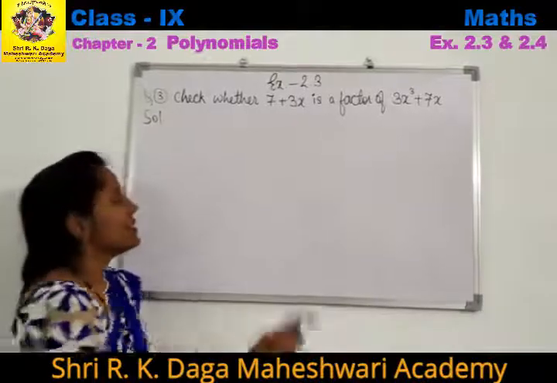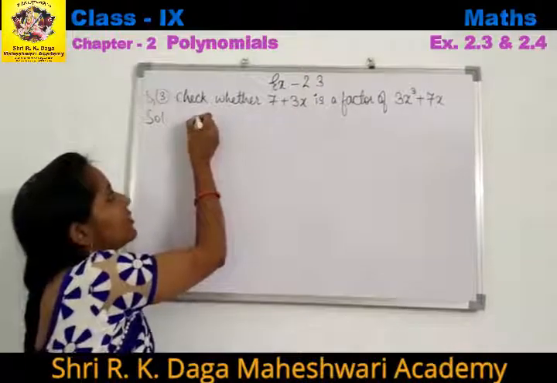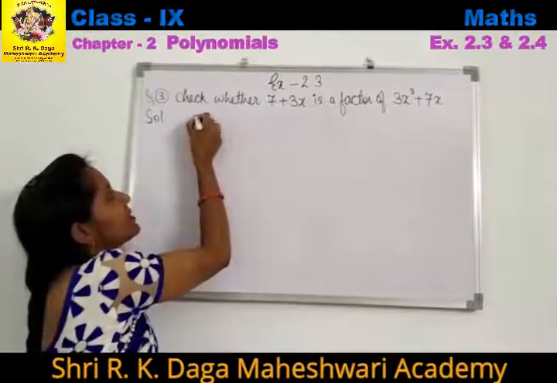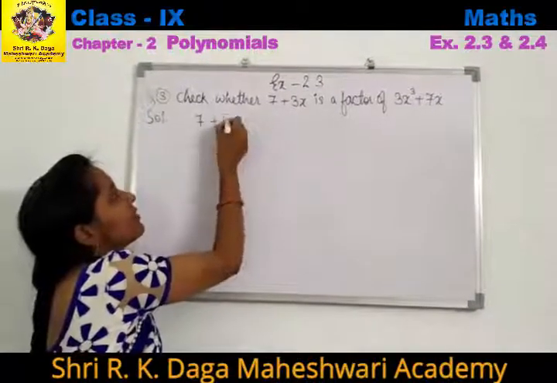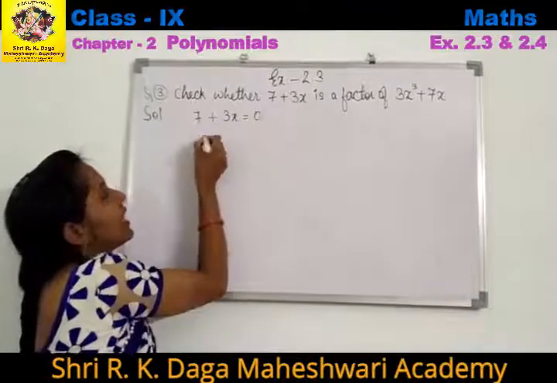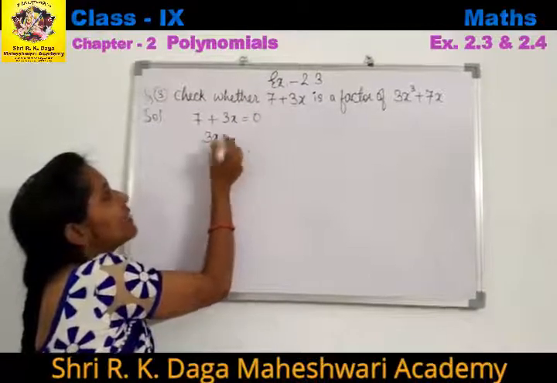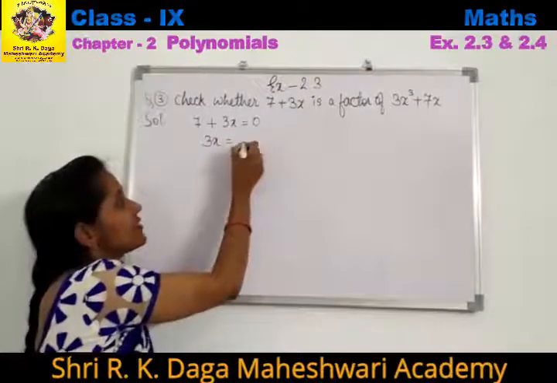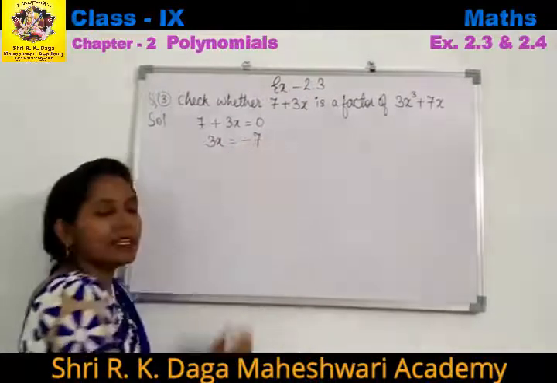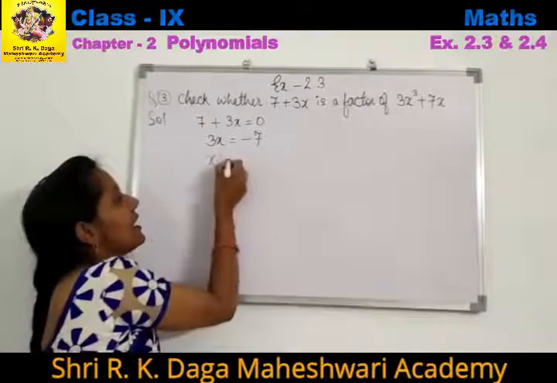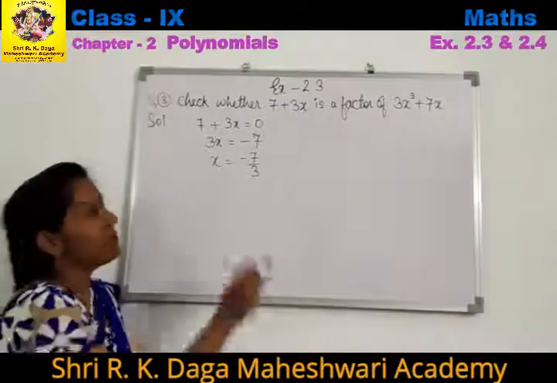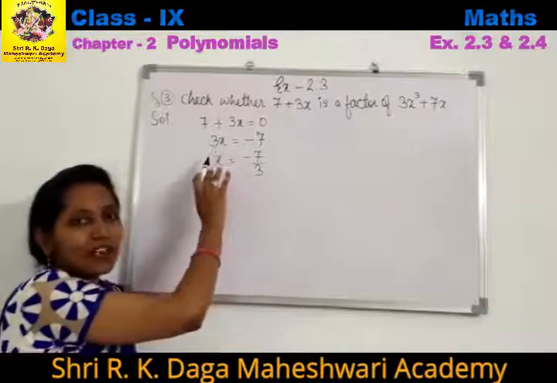So to divide this, first we will find the value of x. When we put this term 7 plus 3x equal to 0, we get 3x equal to minus 7. When we shift this to RHS, it will be minus 7, and x equal to minus 7 upon 3, because this 3 is in multiplication with x.